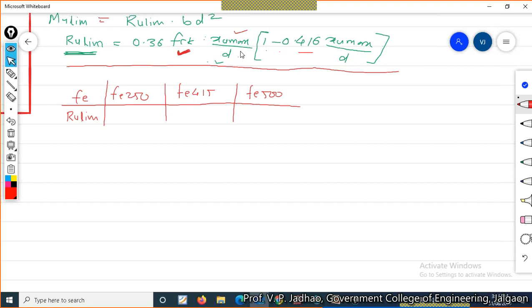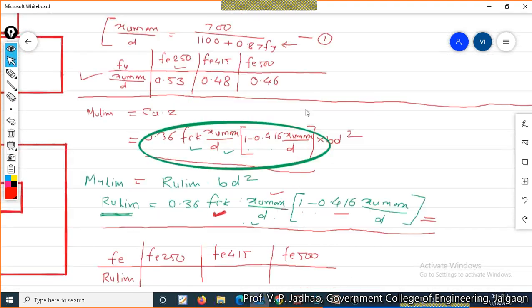Now put the value of xu max upon d in this particular equation. We have already calculated the value of xu max upon d for every grade. We know that for Fe 250, xu max upon d is equal to 0.53.